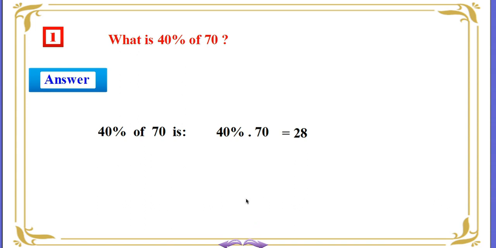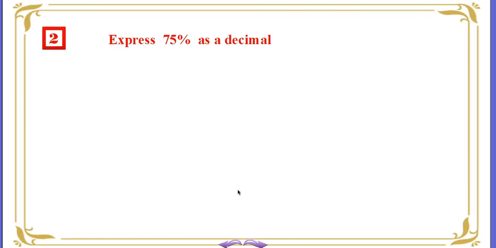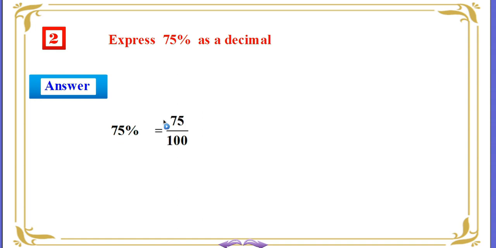Now we go to exercise number 2. Express 75% as a decimal. We do the same way as exercise 1. The answer is: 75% we write another way as 75 over 100.